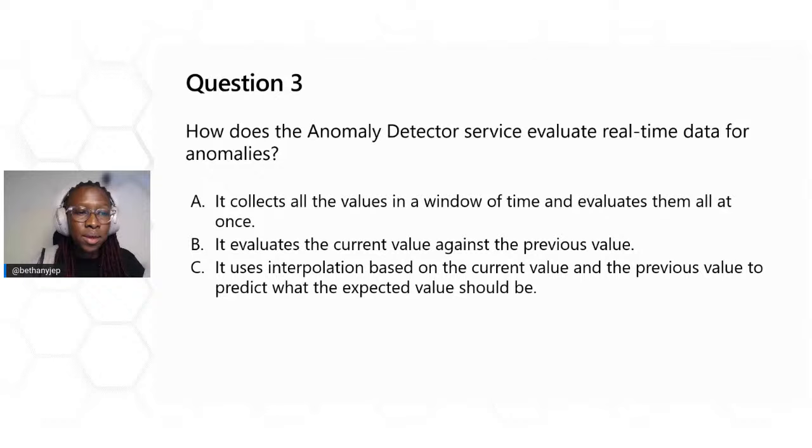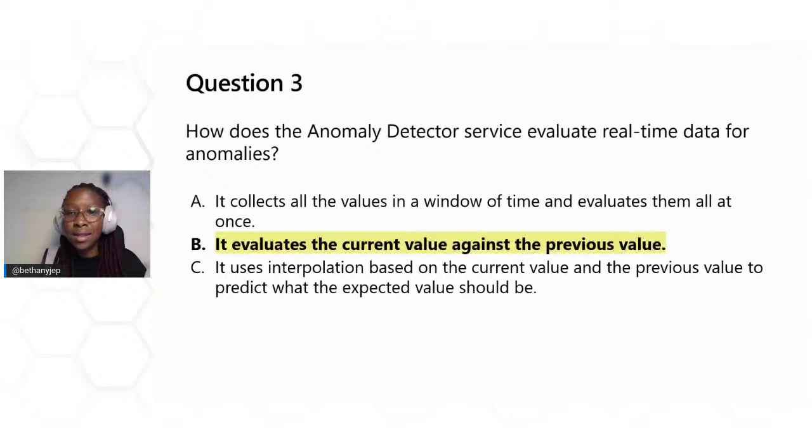Okay, so there's B, evaluating the current value, but then there's C. So let's see what the answer is. The answer is it evaluates the current value against the previous value. Remember, this is real-time data that you're collecting. It means that you do not have a large chunk of data that you're collecting to see if there's any differences in the data.